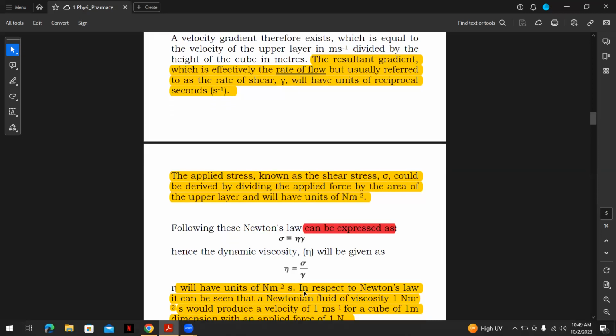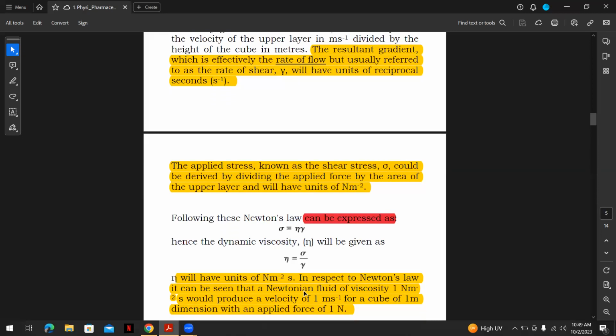So the applied stress, also known as the shear stress, could be derived by dividing the applied force by the area of the upper layer, and will have units of newtons per meter squared. So basically, all this is bringing us to this equation where the shear stress is equal to the viscosity times the rate of flow or the rate of shear.